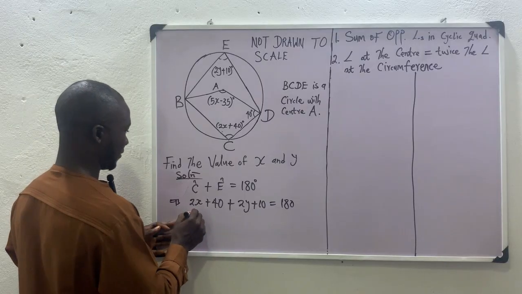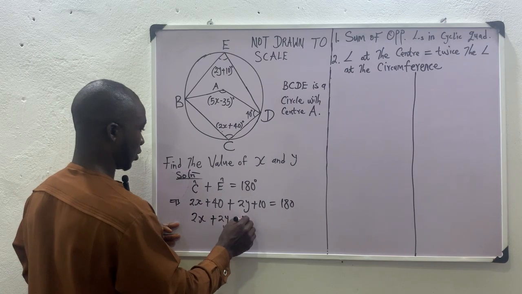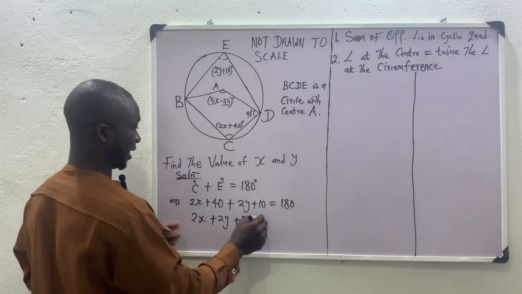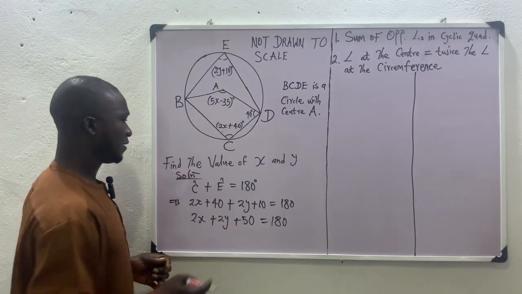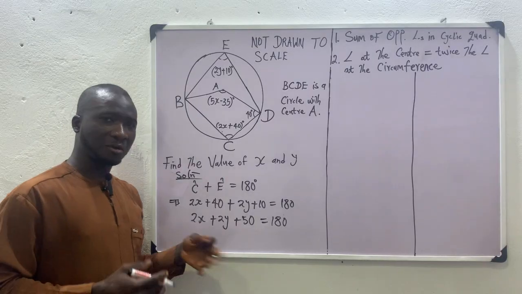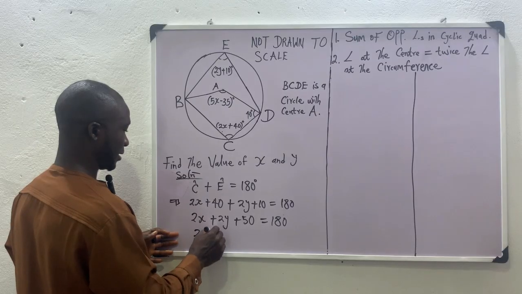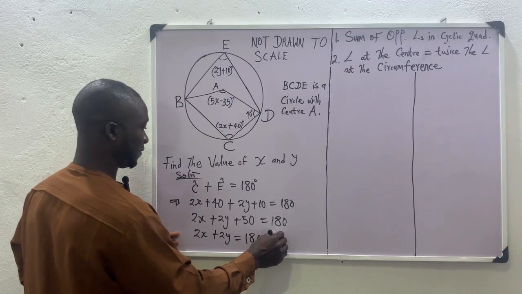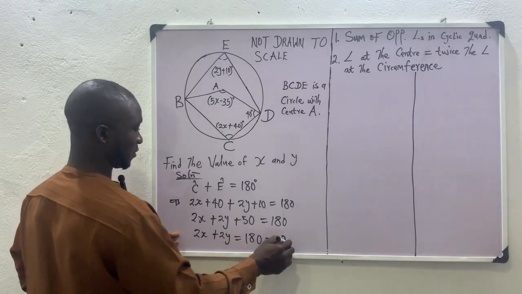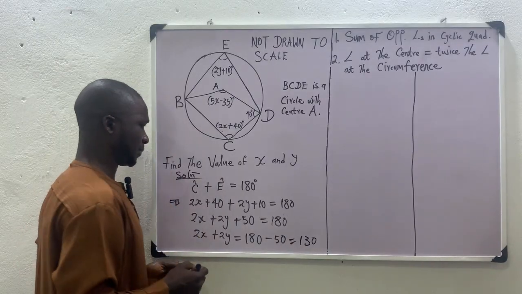And so we have that 2x plus 2y plus 50, that is 40 plus 10, will add up to 180 degrees. And if we subtract 50 from both sides of the equation, we will have that 2x plus 2y will be 180 minus 50, and this will give us 130 degrees.